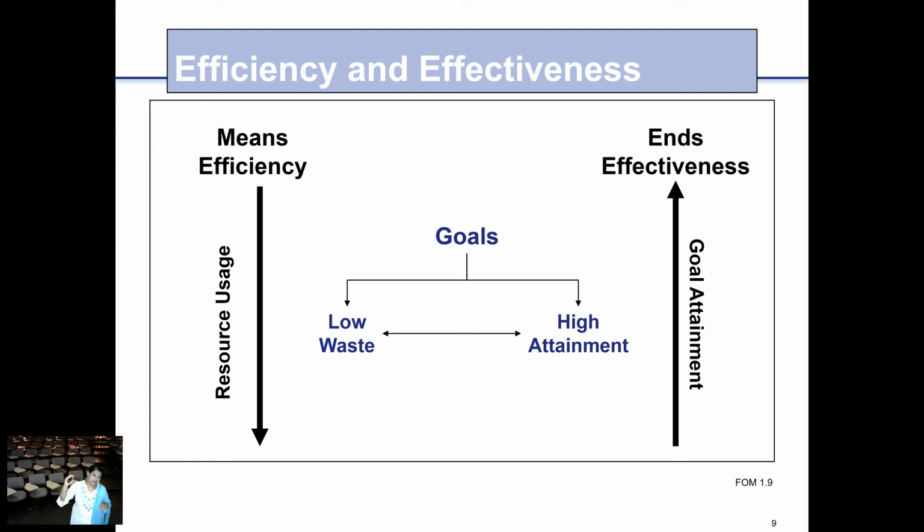Goal attainment should be high, but the resources you use should be less and less. For example, goal attainment is preparing for the exam in the best possible way, and the resource available is only the 15 days you have to do that.